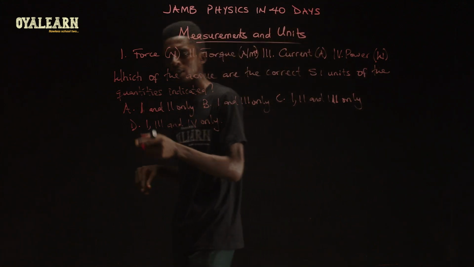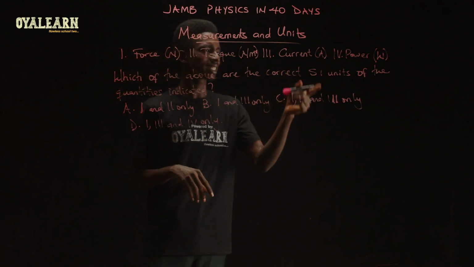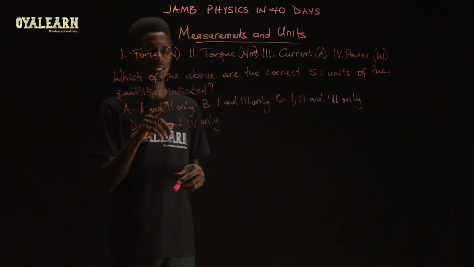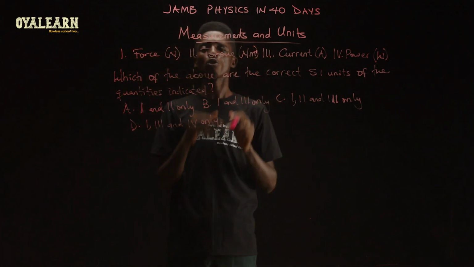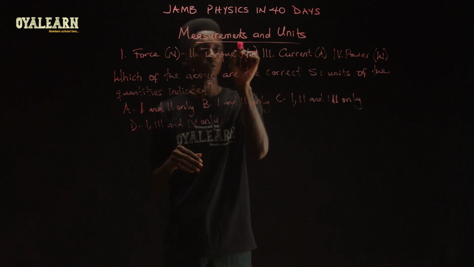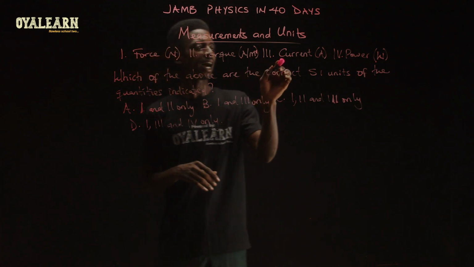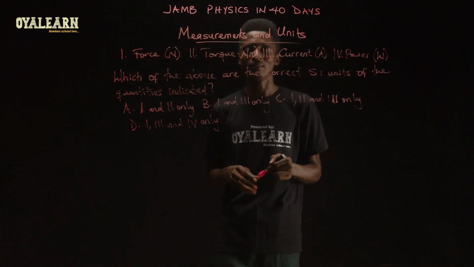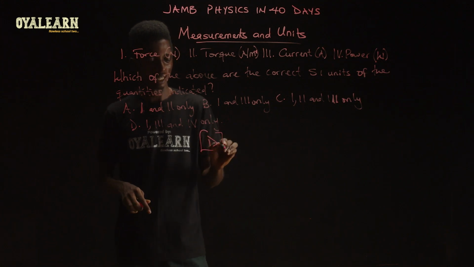Now the question itself says, which of the above are the correct SI units of the quantities indicated? Well, that solves it. Since we already know that torque is supposed to be in Newton meter, not Newton per meter, it means this unit is incorrect here. So the correct ones would be I and IV. So that gives us option D as our answer.